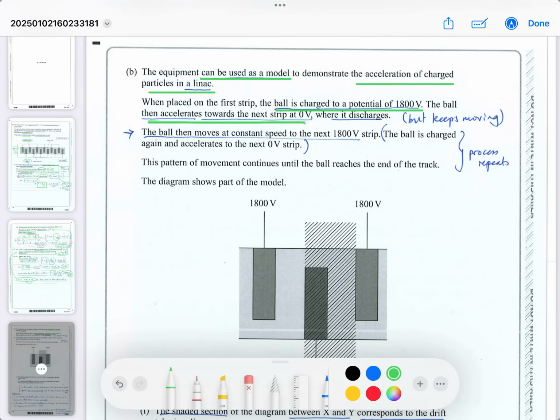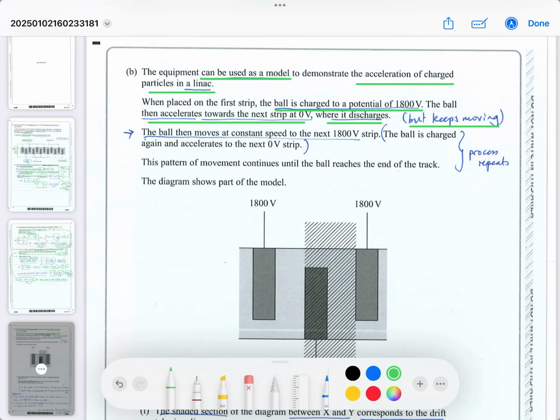Remember, if something is charged, it will go from high voltage to low voltage, where it will then discharge because it's gone to 0 volts. But in that process of accelerating, it will have momentum, so it will keep moving. Don't forget that. That's Newton's first law.